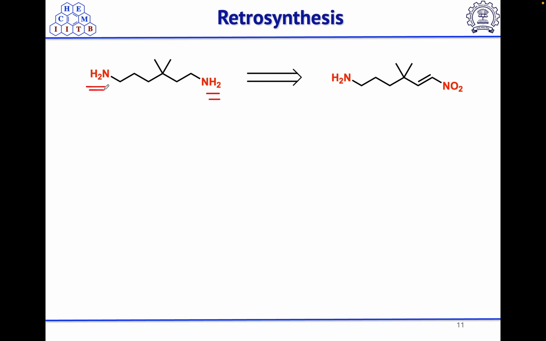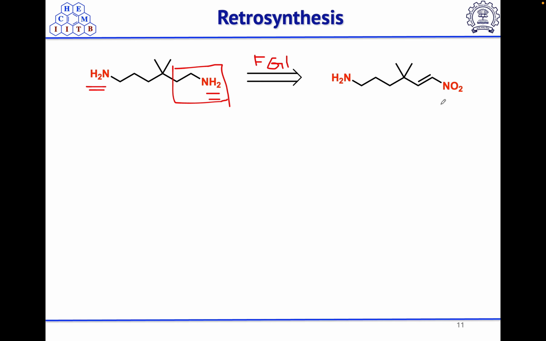In a similar way, we can think about the right hand side, some functional group interconversion. Okay, and we get this alpha beta unsaturated nitro group.